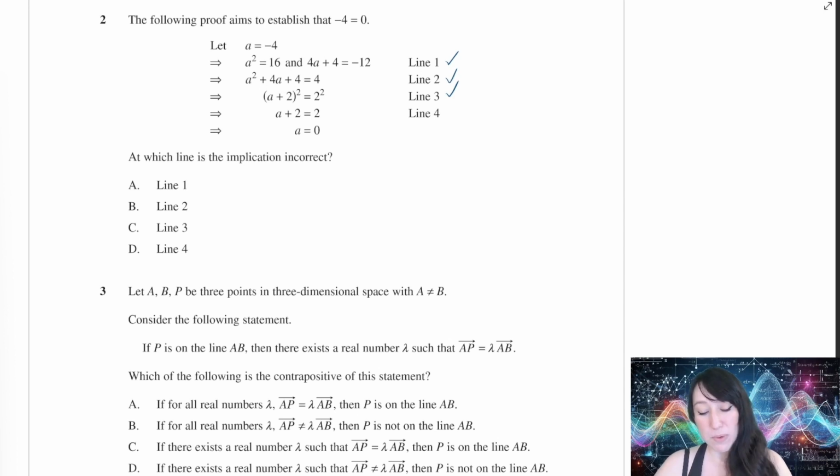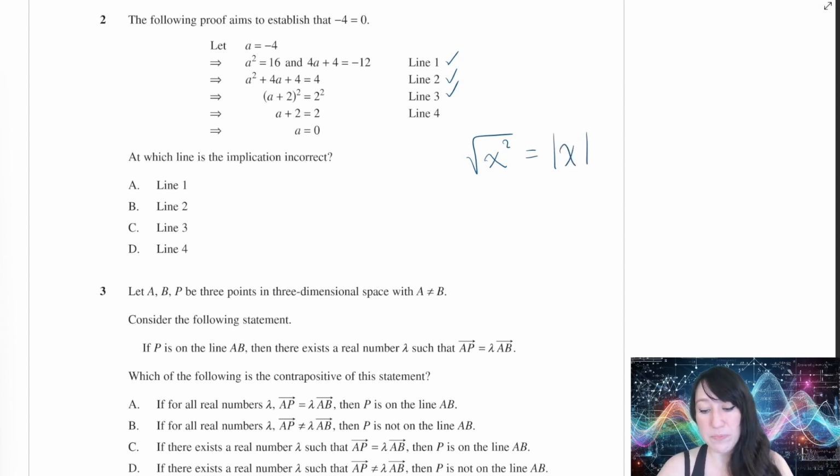This is where the problem comes in, because to get from line 3 to line 4, we would need to square root both sides. And you may recall that when we do that, we're told to put a plus or minus on the result. The reason for that is because the square root of x squared isn't x, it's actually the absolute value of x.